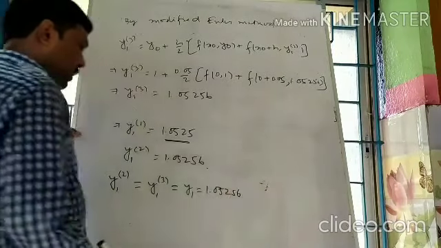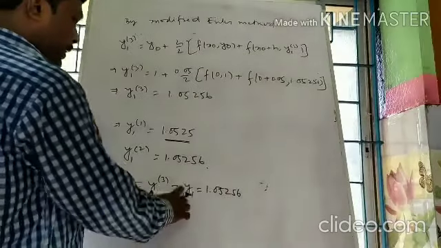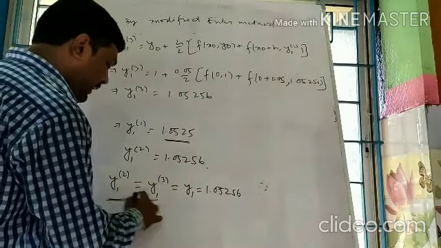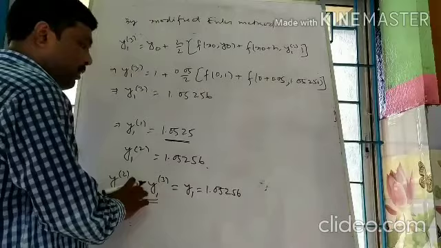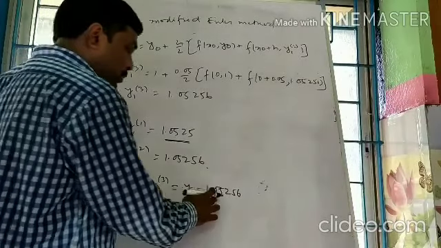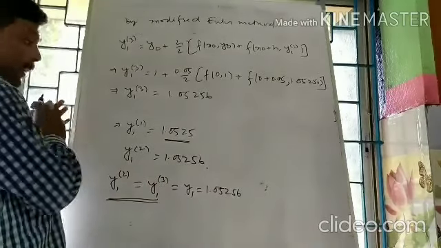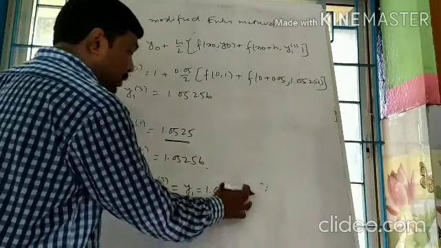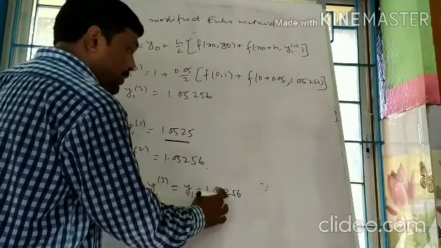Because these two are approximately equal, you can stop. So the value of y1 by the modified Euler method is 1.05256.